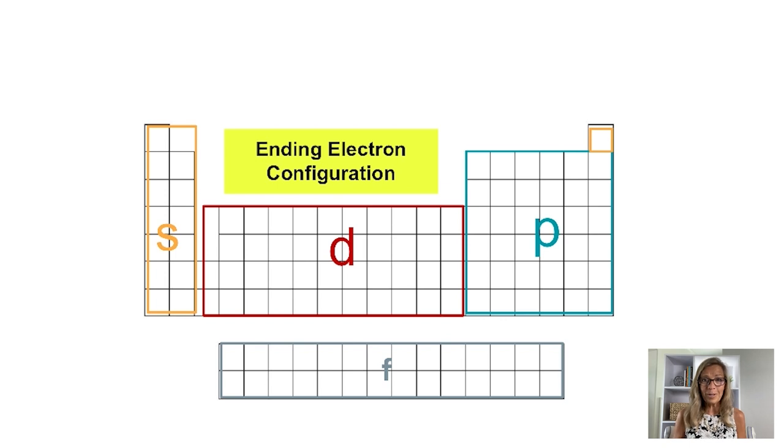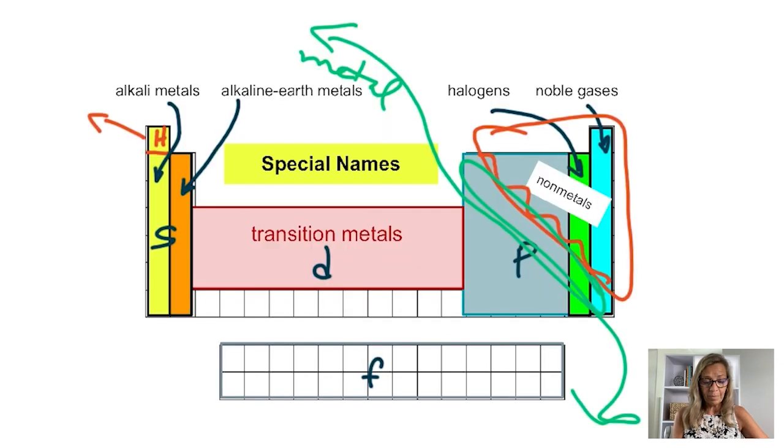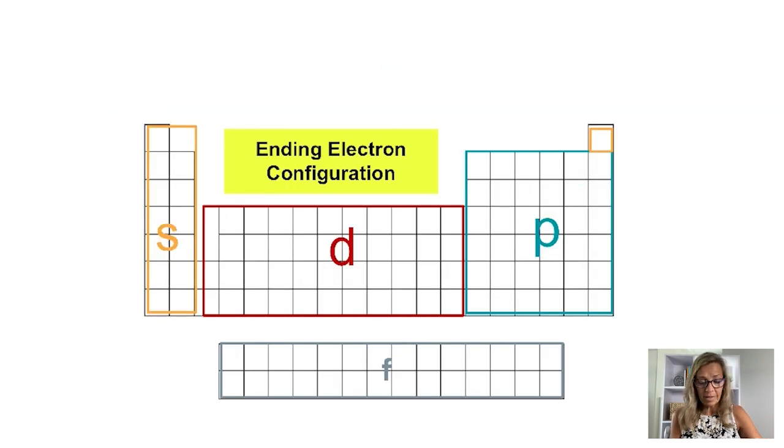You can also see, this is one of my favorite things, the ending electron configuration. Okay, you worked really hard to figure out electron configuration. So here's the secret. Everything in that first column ends with S1. And I'll just label this one for you. So this ends with S1. So this guy down here is 2S1.